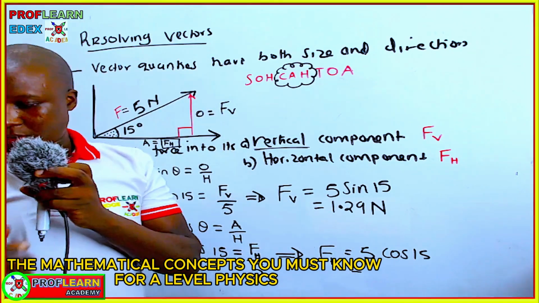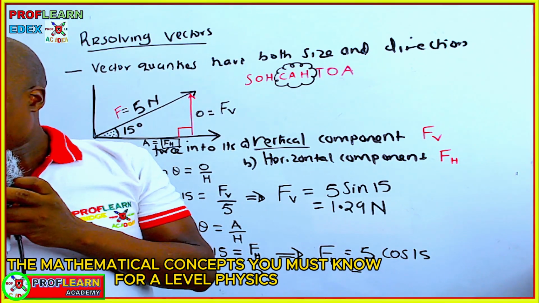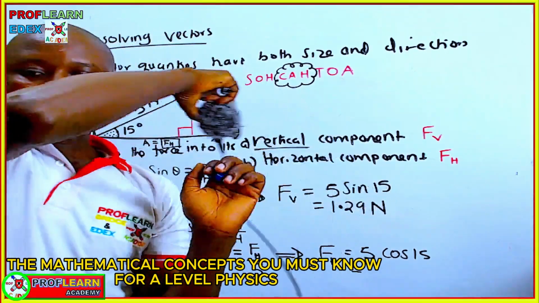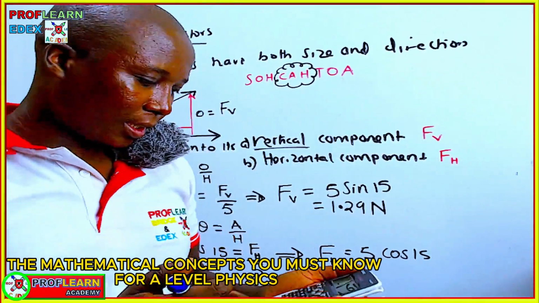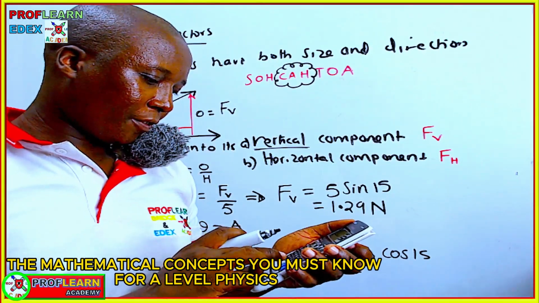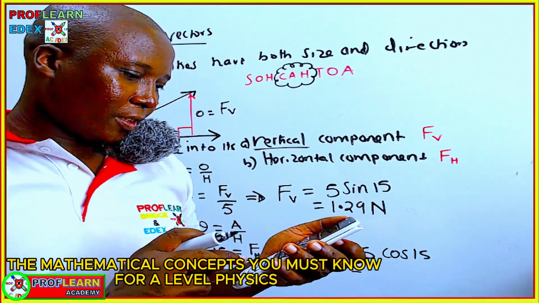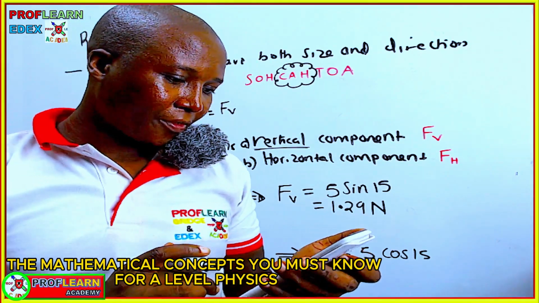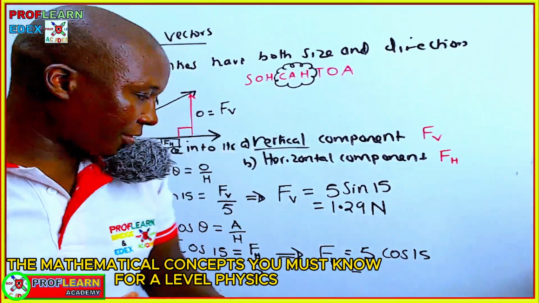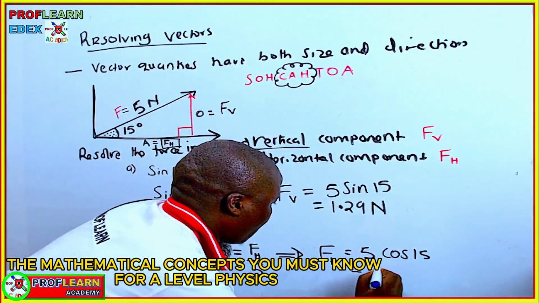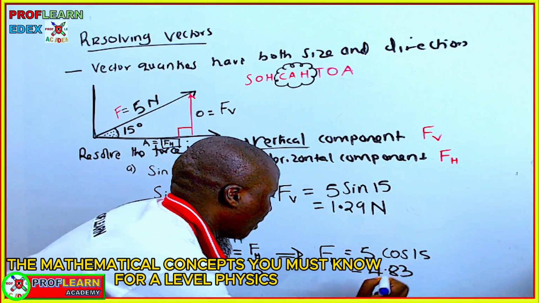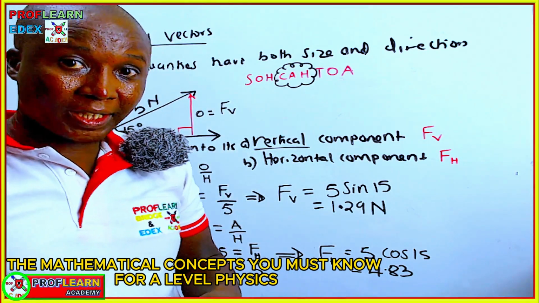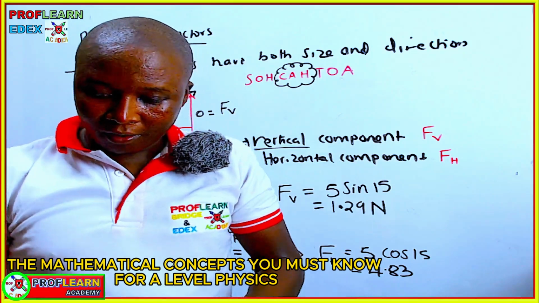Now, if we try to substitute this, let's check what we are going to get. We have to put it into our calculator to see 5 cosine 15. It's giving us 4.83 as our answer here. So you need to know how to resolve vectors.